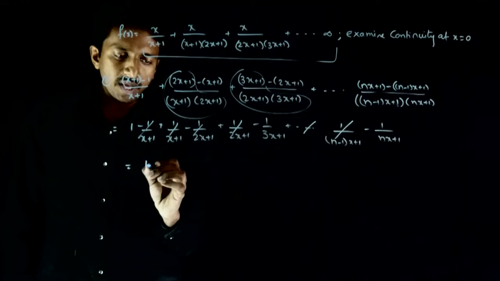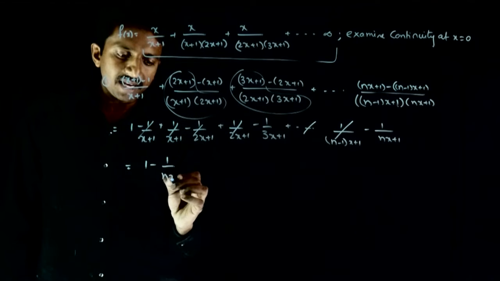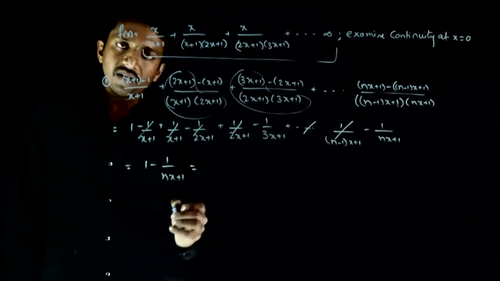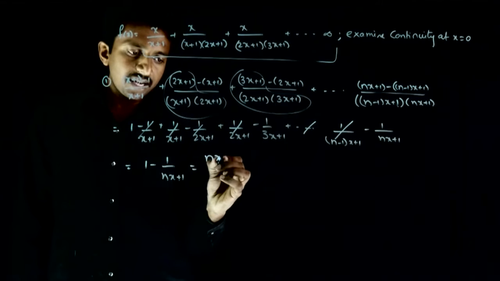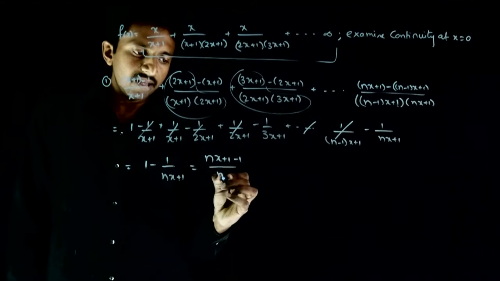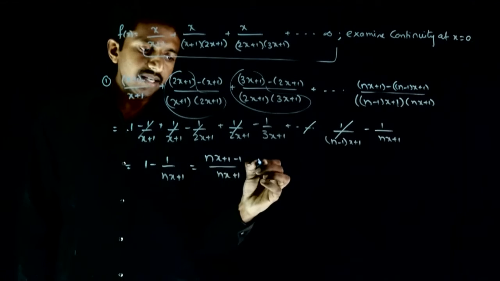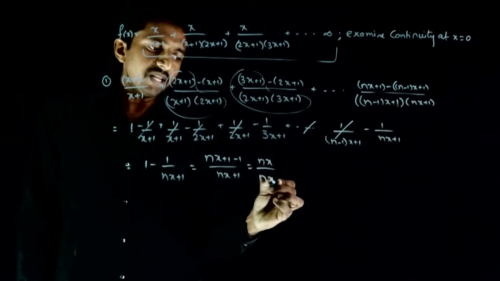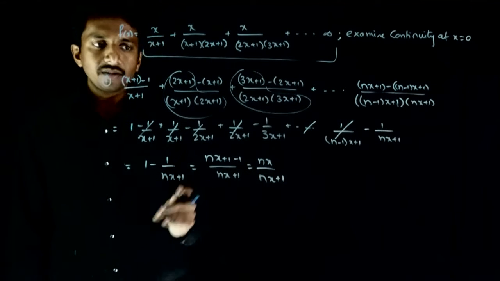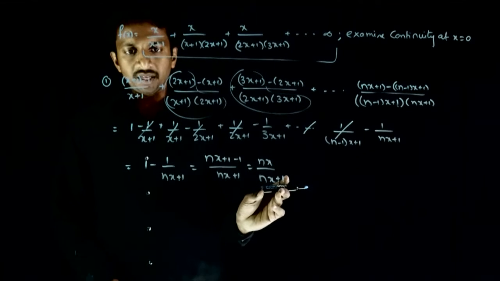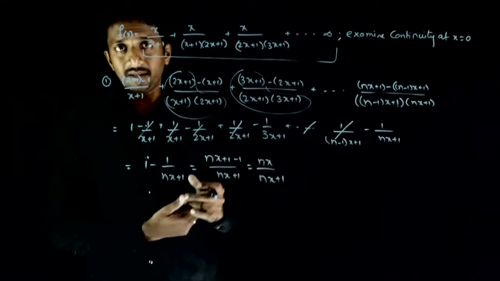So that is equal to 1 minus 1 by nx plus 1. After taking the LCM, that is nx plus 1 minus 1 by nx plus 1, which is equal to nx by nx plus 1. So this is the sum of the terms up to n terms.